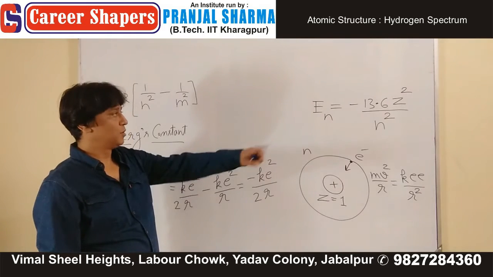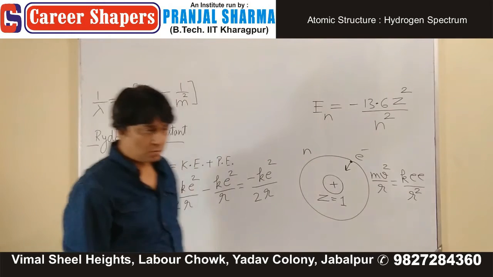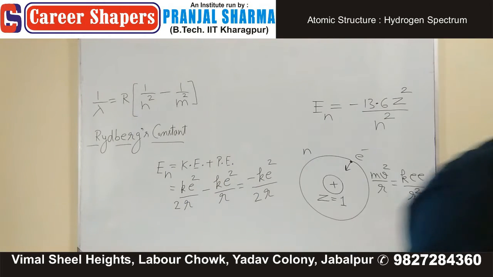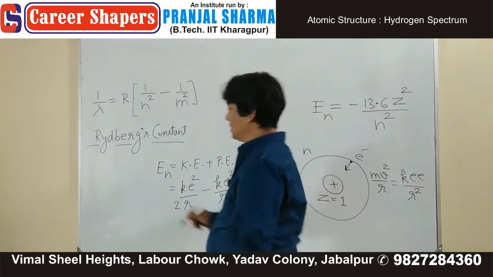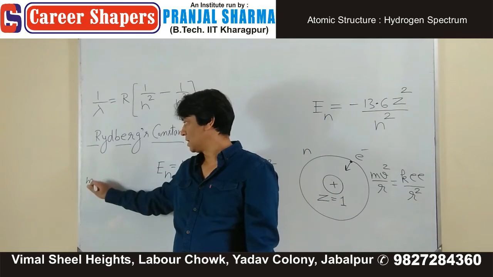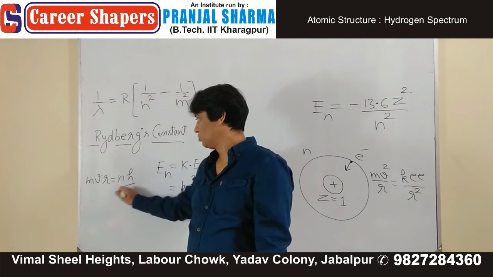So I hope you remember all these steps. I still see no correct value. It looks good. Taking too long. mvr is nh upon 2 pi.